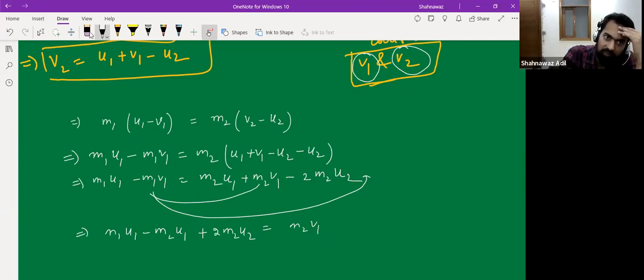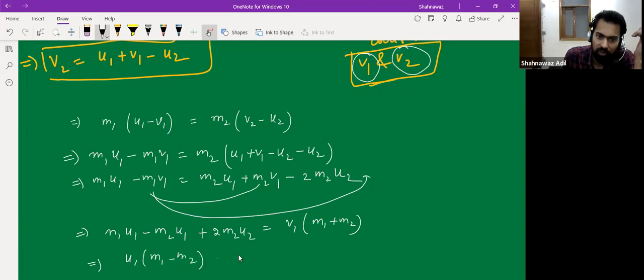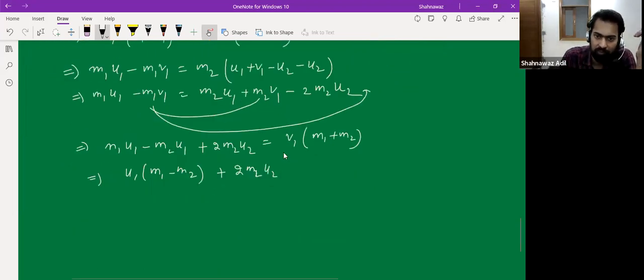Let me write directly. So v1 (m1 plus m2) will become u1 (m1 minus m2) plus 2 m2 u2, and v1 is this.